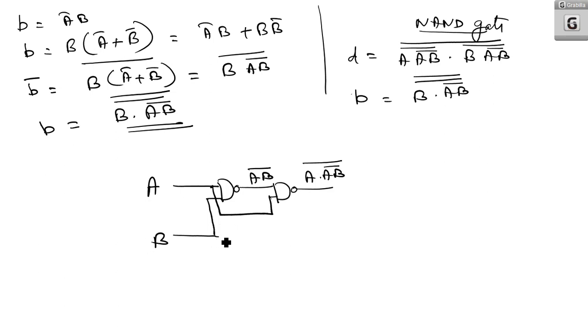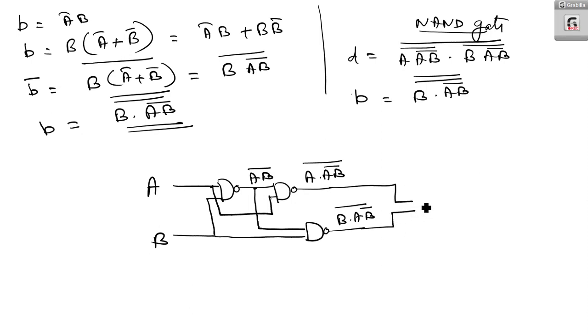Here I am having B dot AB bar. This is B dot AB bar the whole bar. Now if you are NANDing that too, here you will get the difference. So what is borrow? Borrow is B dot AB bar. So that you are getting here, and take the complement of that. That is using NAND gate. So this is borrow.